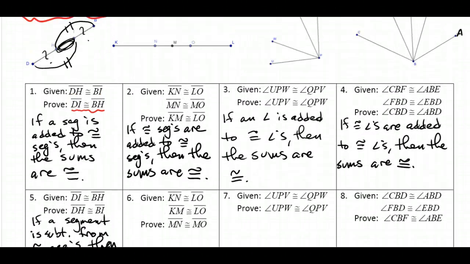I've got KN and LO. So I've got this segment is congruent to this segment, and I've got KM, so this large segment, congruent to this large segment, and I want to prove that MN and OM are congruent, so the little ones. So if I subtract out these smaller segments from the bigger segments, then I'll get the little segments on the inside.